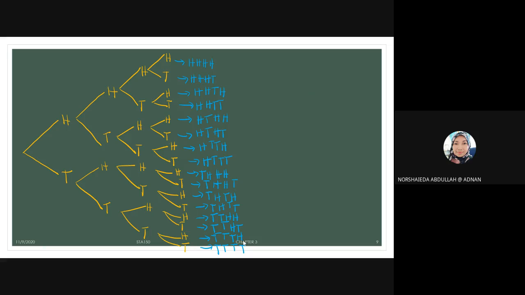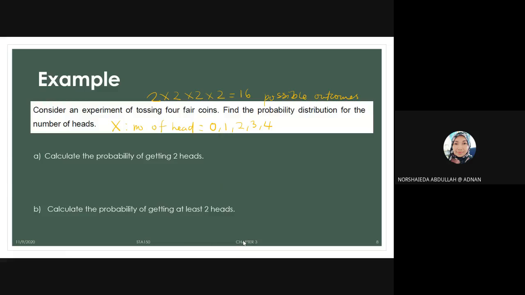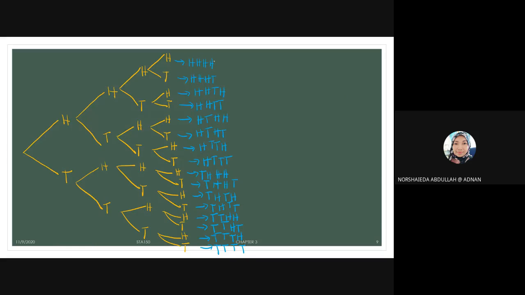So the x that we want to consider is the number of head. From the first outcome, we have 4 heads. This one 3 heads, 3 heads, 2 heads, 3 heads, 2, 1 head, 3 heads, 2 heads, 2 heads, 1 head, 2 heads, 1 and 0 head.